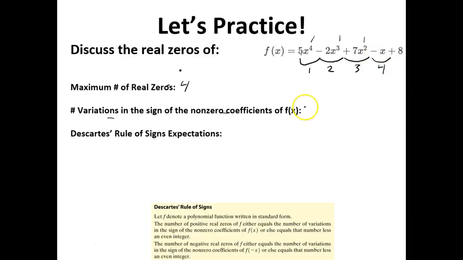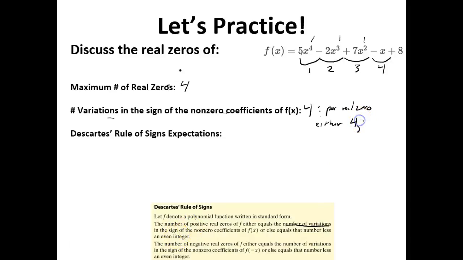The number of variations in signs of f of x is 4, which for this rule of signs expectations, if we know that in f of x we have 4 variations, then the number of positive real zeros, what we can expect, positive numbers that would make this 0, is going to be either 4 or less an even integer.